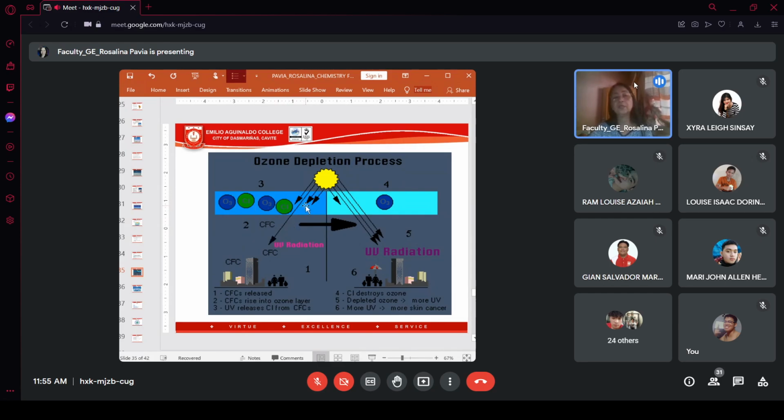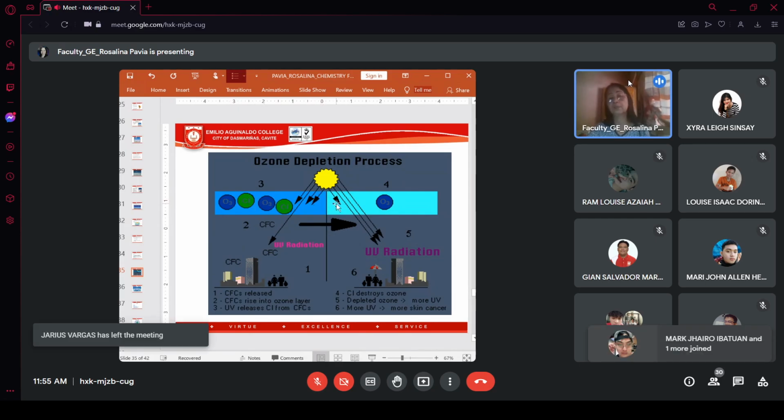Siniseparate niya yung chlorine. Parang yung O2, di ba? Ini-split niya into 2 atoms of oxygen. Pag na-separate na si chlorine, na-disintegrate, chlorine is responsible for the destruction of the ozone layer or the depletion of the ozone layer.